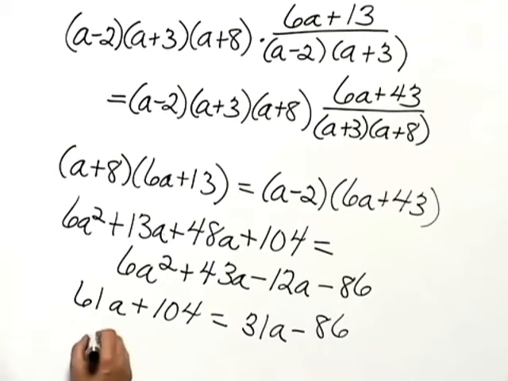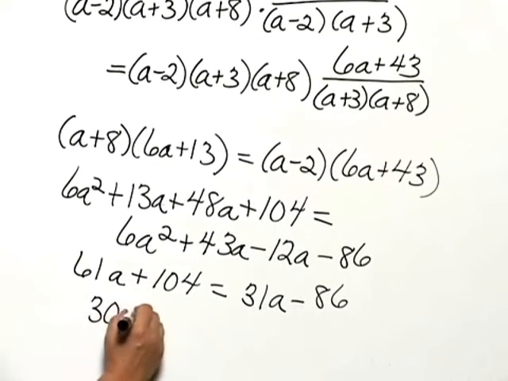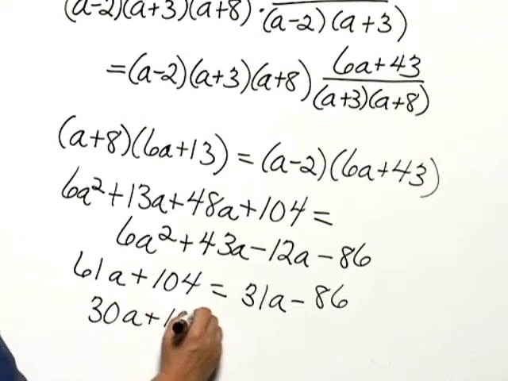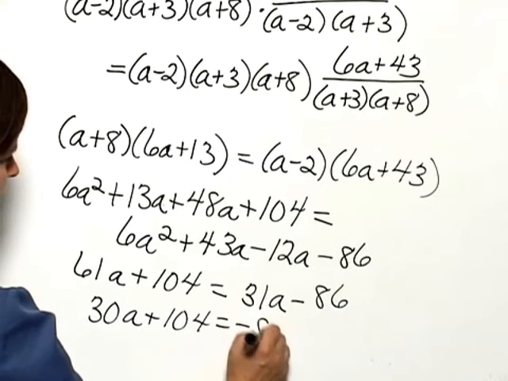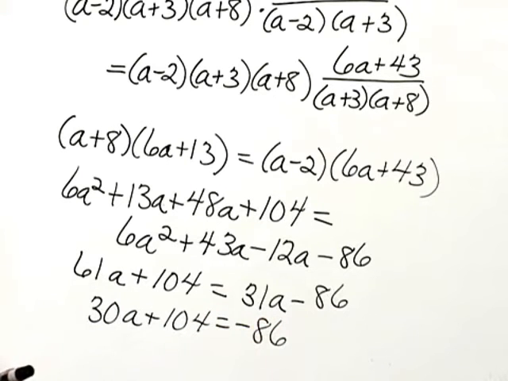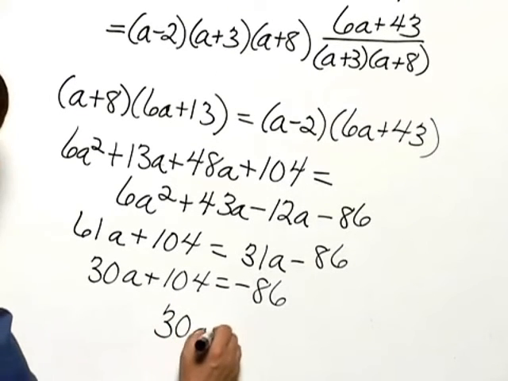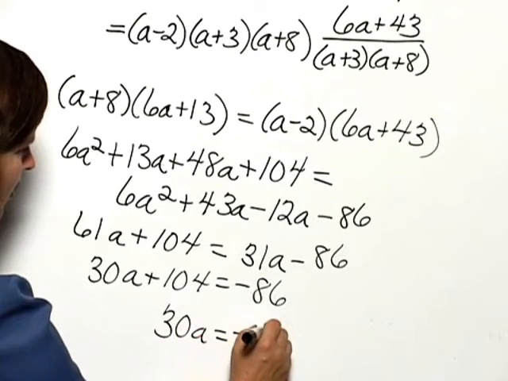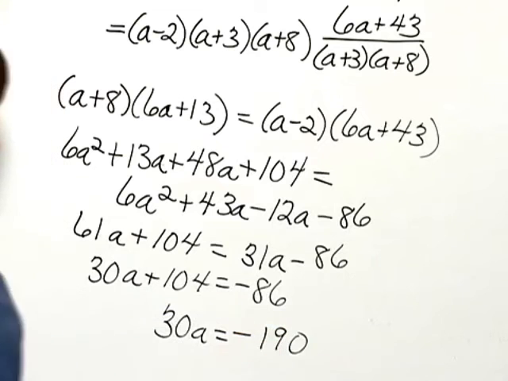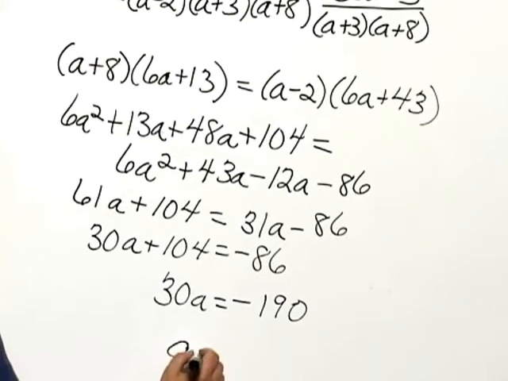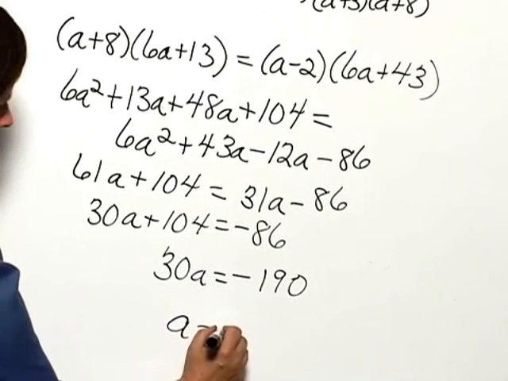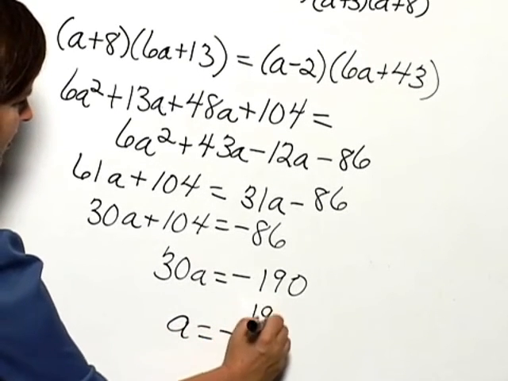Subtracting 31a from both sides, I have 30a plus 104 equals negative 86. And subtracting 104 from both sides, I have 30a equals negative 190. Dividing both sides by 30, I have a equals negative 190 over 30, or negative 19/3.